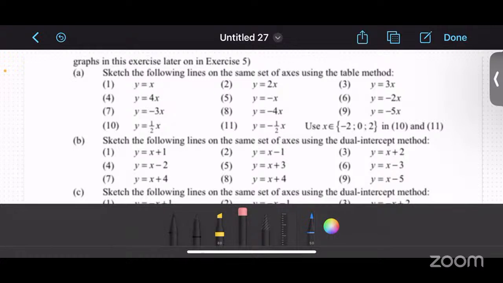Let's say this is over 11 marks. Maybe some of them you'd get right and some you get wrong. But if they don't have the labels, then everything is wrong, because how am I going to know that this graph is y is equal to x, or this line is y equal to minus 4x, or y is equal to minus 5x? Do you guys get my point?